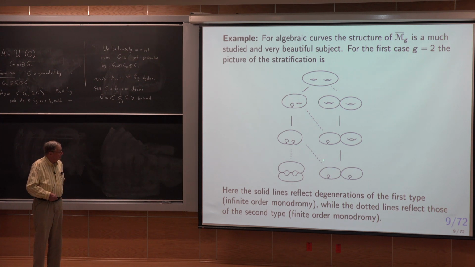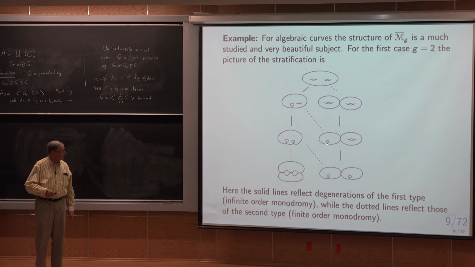The dotted arrows are the second type of stratification of Hodge structures that I mentioned. Here, the Hodge structure is becoming reducible, so it gets an additional Hodge tensor, namely it decomposes the Hodge structure into the sum of two.